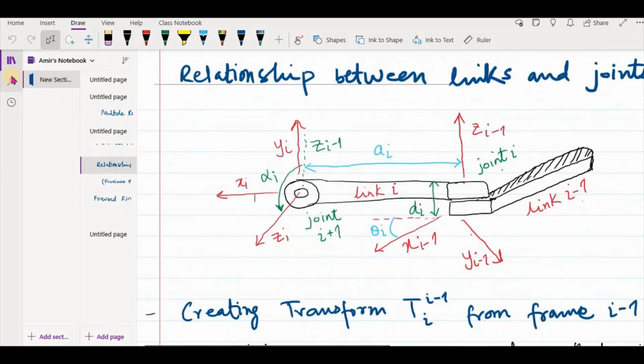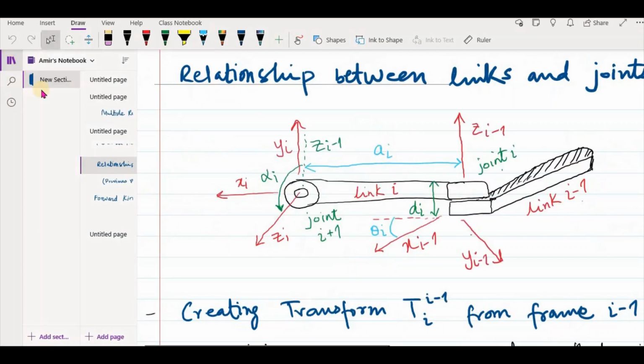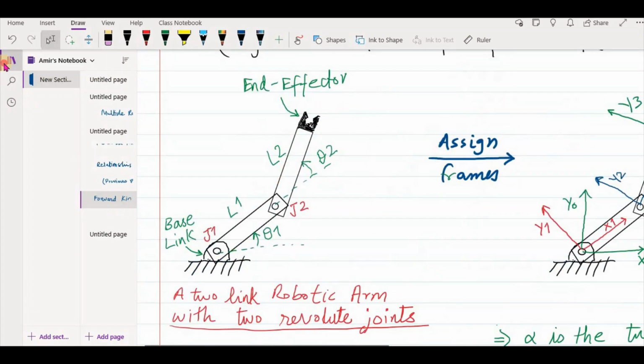And similarly we can also show here, this theta is the angle about the z-axis of this joint. It is the angle by which this joint is rotated. This theta i, this was the mistake we needed to clear.